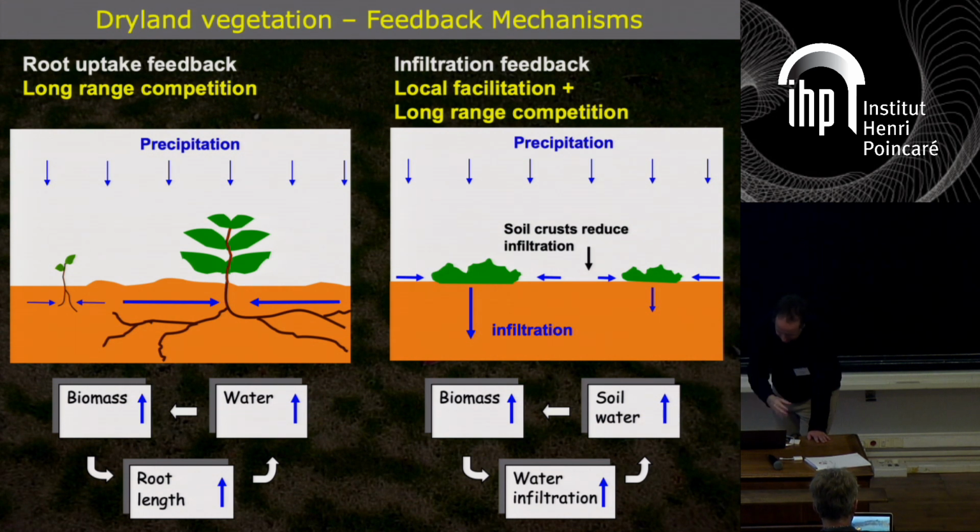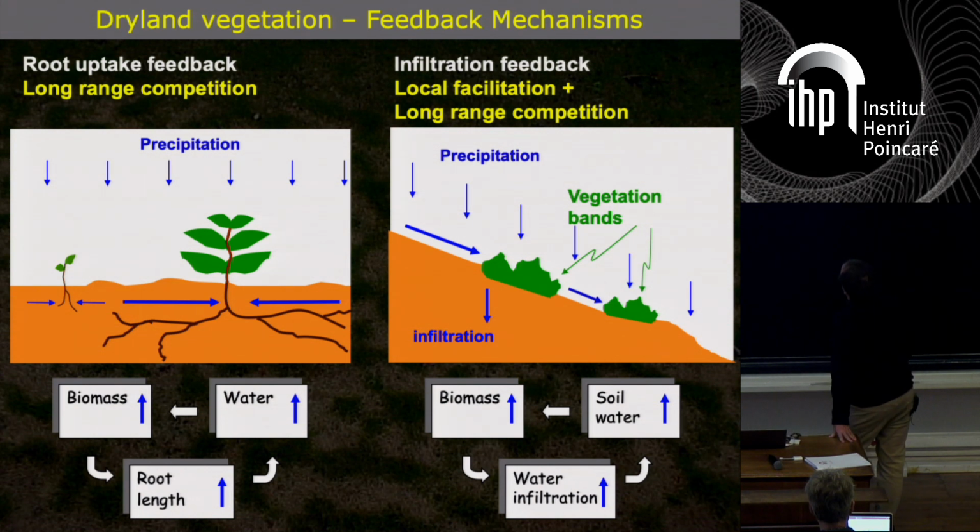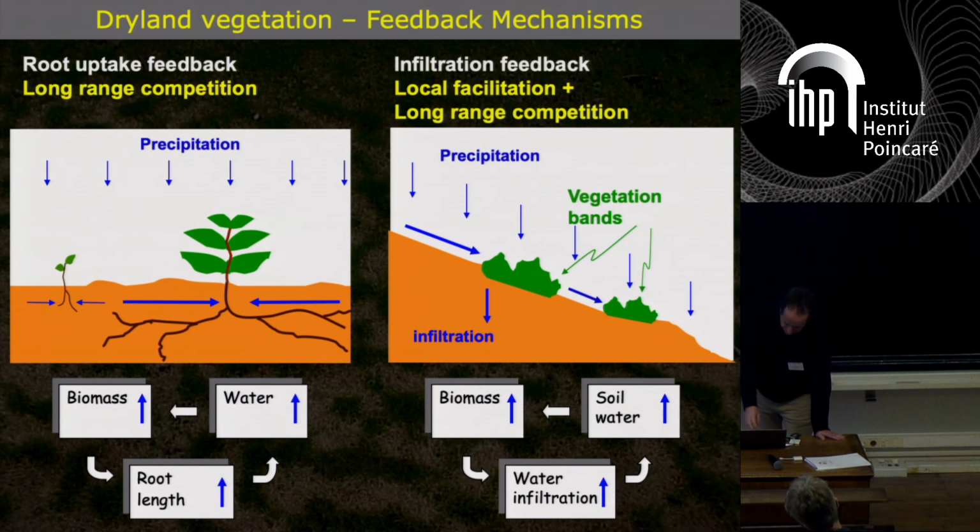And so that's an example of a longer range competition also. And obviously, if you go on the slope, this type of feedback is exactly what I illustrated before for the vegetation bands.